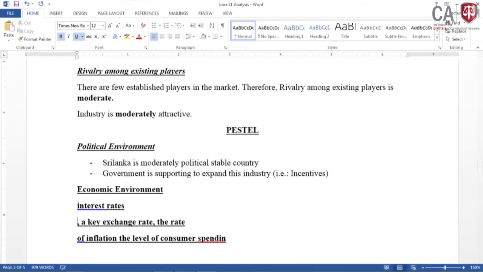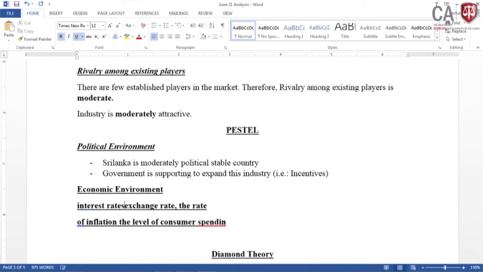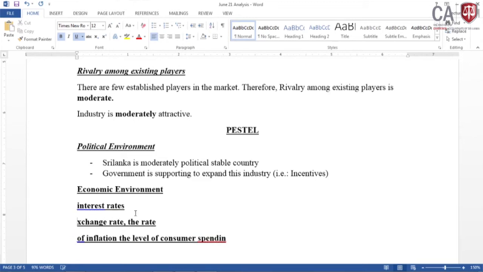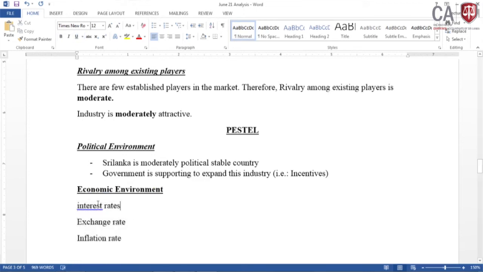One is interest rate, another is exchange rate, then inflation rate. These are some examples we can think of.